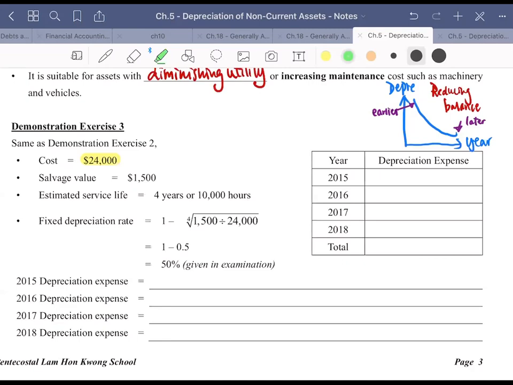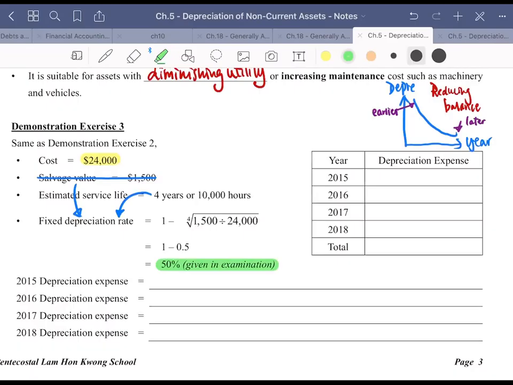However, in the reducing balance method, the salvage value is not relevant. We could cross it out because the salvage value has already been included in the fixed depreciation rate, as well as the estimated useful life. But the fixed depreciation rate would be given in the examination, so you don't have to worry about how to calculate this rate.